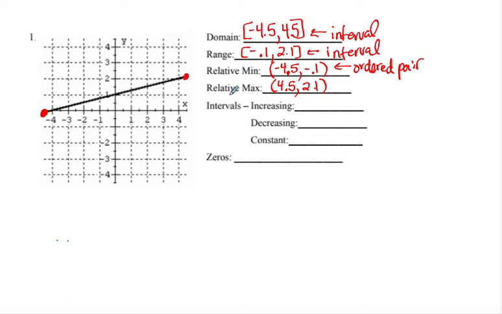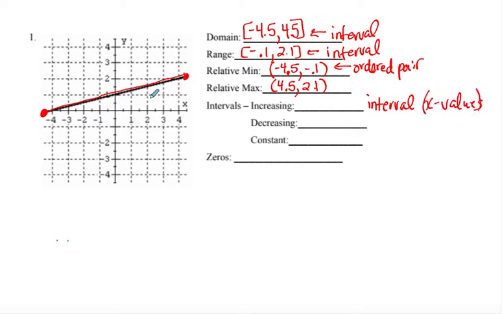All right, now on what intervals is the graph increasing? So as I look at this graph, reading left to right, what is my graph doing? As I move from left to right, this function is going up. So it is increasing, and these are going to be an interval, and it's going to be the x values.